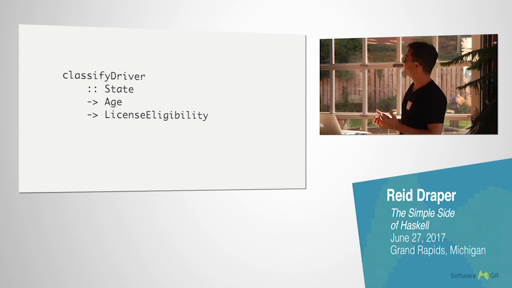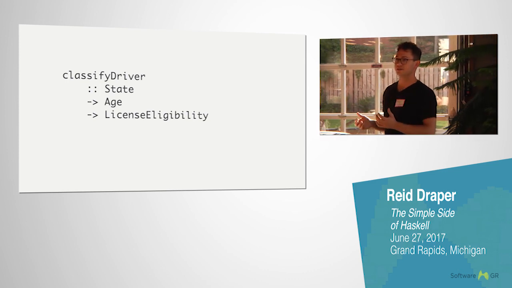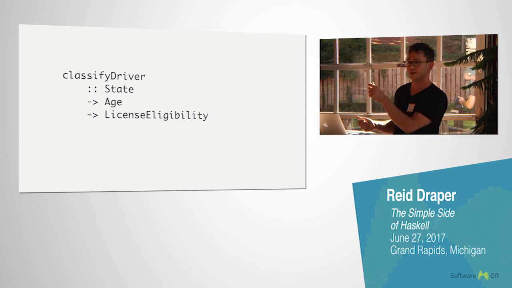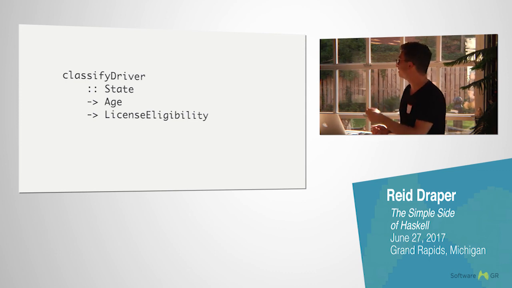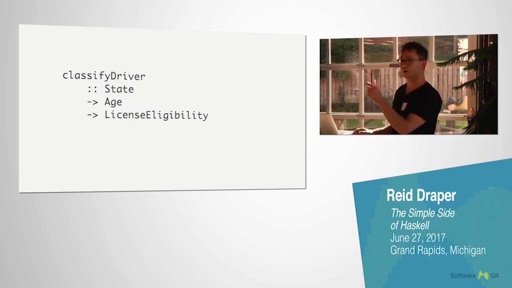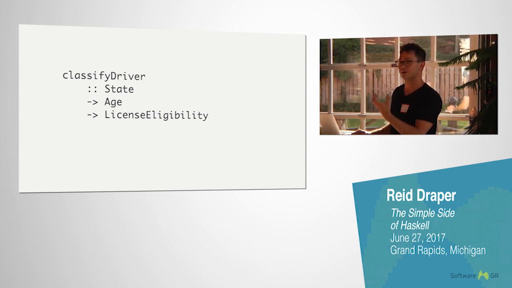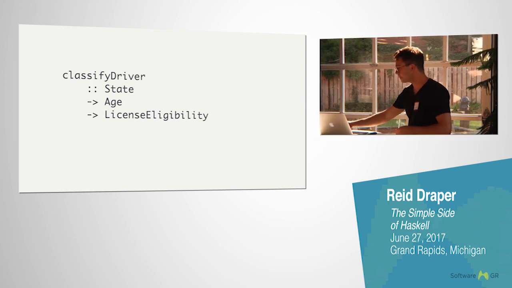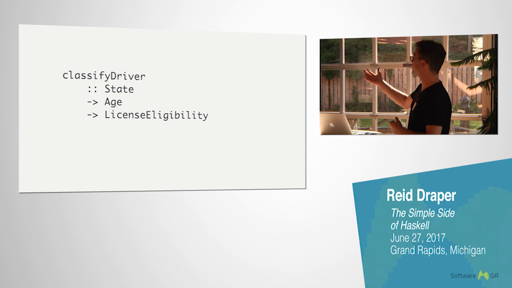Does that mean they have their license? Does it mean that they were eligible to get their license, and I didn't use a very good name inside the person object? But here, we're really clear about what the alternatives are. The alternatives have the domain built into it. And this was really simple to define.